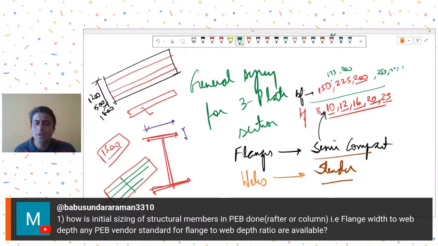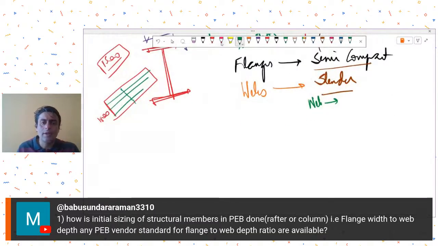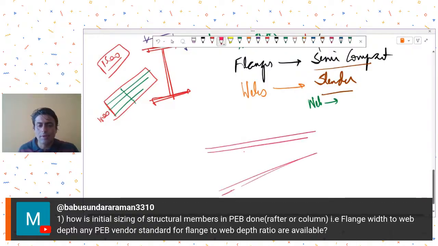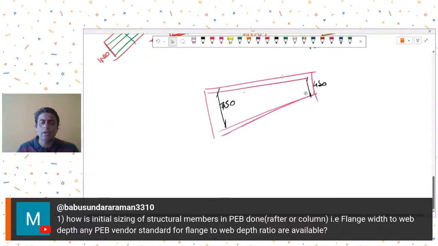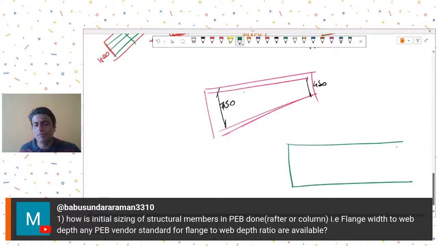If I go to webs, then the web depths, if you are going to provide in a rafter, generally we go for tapered sections. So in tapered sections what we do is we vary the web depth, isn't it? Now the tapering is also done in a manner that I can minimize the wastage. So for example, if I taper it from, let's say, 750 to 450, all right. So what I'm doing basically is that from this one plate, this is the width of plate, let's say.